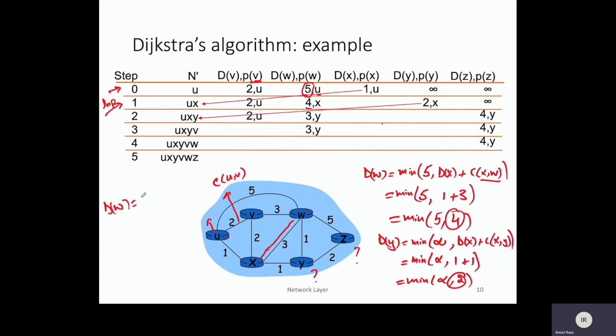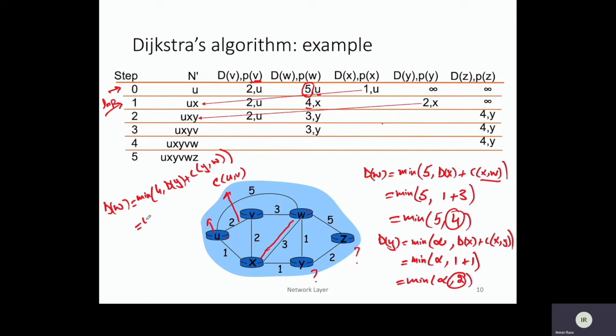It's either the minimum of the previous cost, which is what? Look at the previous step. Yes, 4, or the cost to reach the newly added node. Which node have I added recently into N? Yes, you're right, Y, plus the cost to reach from Y to W, the destination whose cost I want to update.